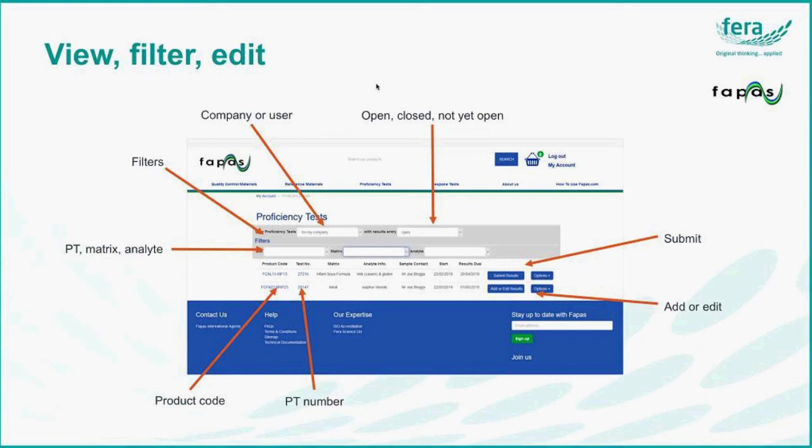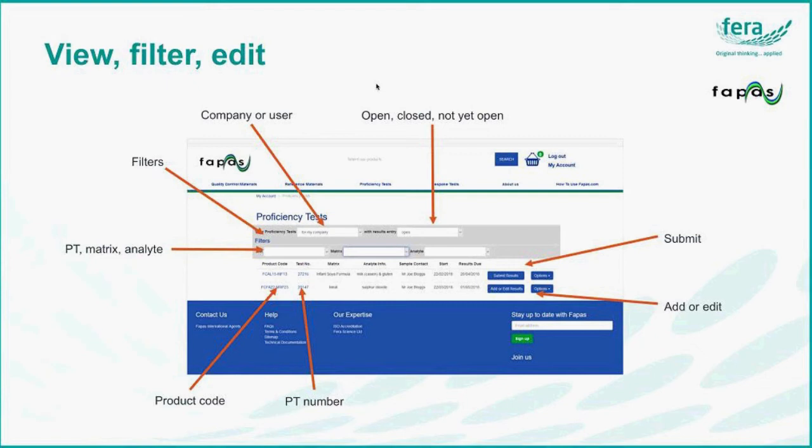You can see results pages for PTs which are open or closed or have not yet started. You can also filter against the proficiency test or the matrix or the analyte. This gives you complete options for how you view your results entry.